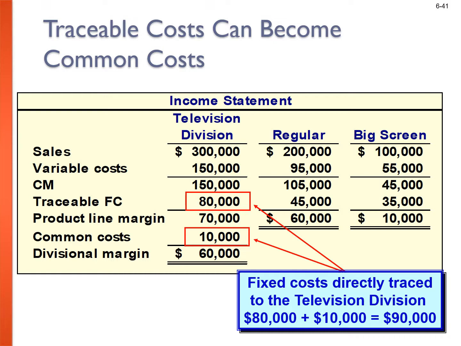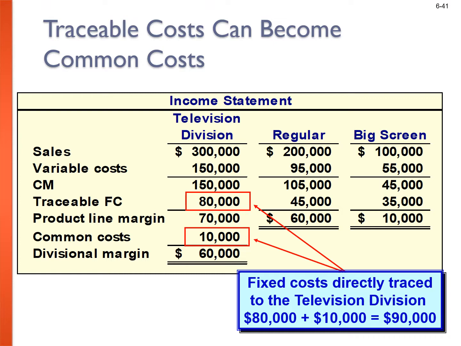Before, I believe they were 90,000. Now 45,000 is traceable to the regular TV, 35,000 to the big screen. 10,000 of the fixed costs that were traceable before are common costs among the two product lines.